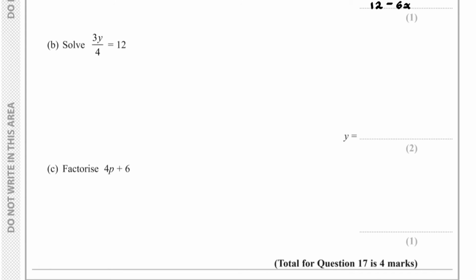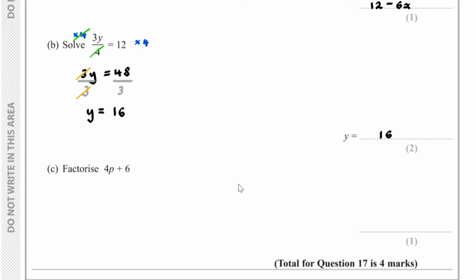Well, if I multiply both sides of the equation by 4, then we have 3y, which is equal to 48. And then if I divide both sides of this equation by 3, we are left with y equals 48 divided by 3, which is 16.